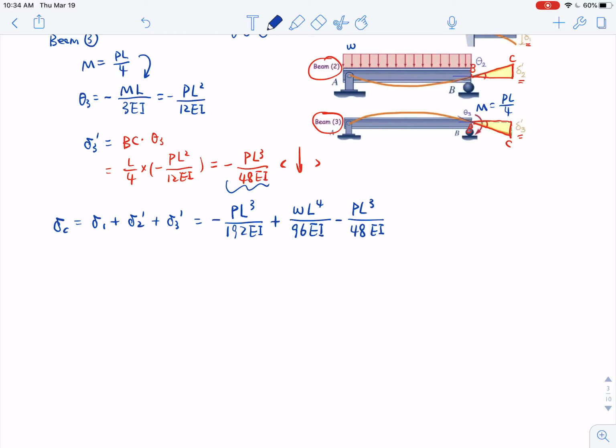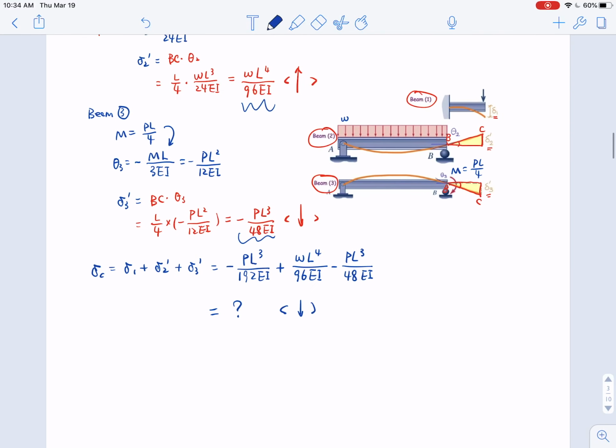You can do further calculations to get a result in a form that you like. You can do this by yourself. But overall, very likely, it will be a downward deflection.